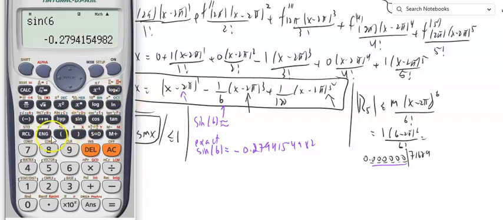Okay, and if I wanted to take my calculator out and use what I approximated, that is, take 6 minus 2 pi, minus 1 divided by 6 times 6 minus 2 pi cubed, plus 1 divided by 120 times 6 minus 2 pi raised to the 5th power.